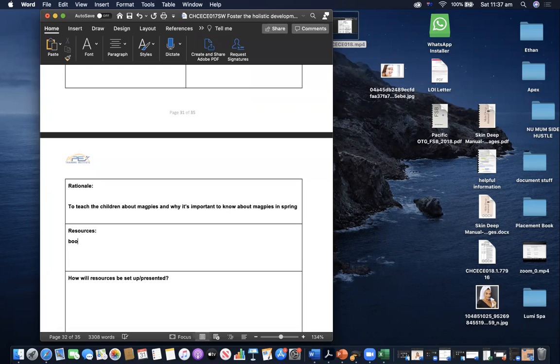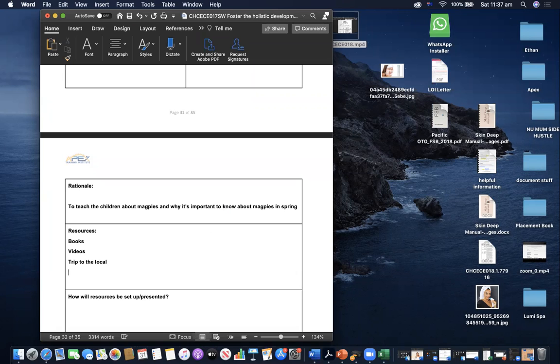Resources. I'm going to have books about magpies. I'm going to have videos. I'm going to go on a trip to the local park. I'm going to do art and craft. We might make a big magpie, like make a paper collage of a magpie.